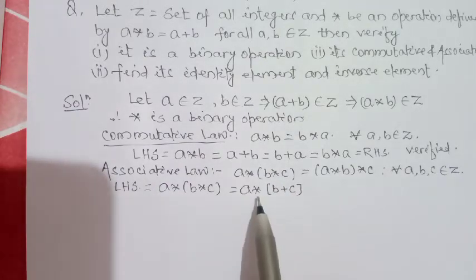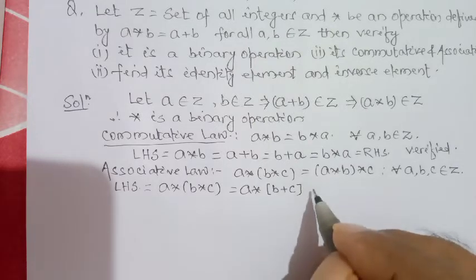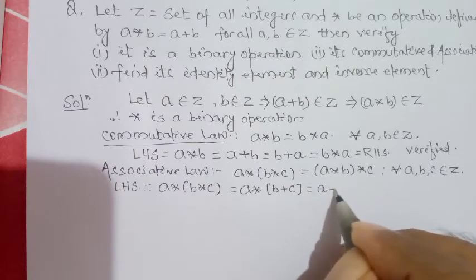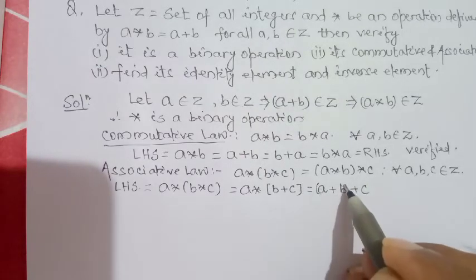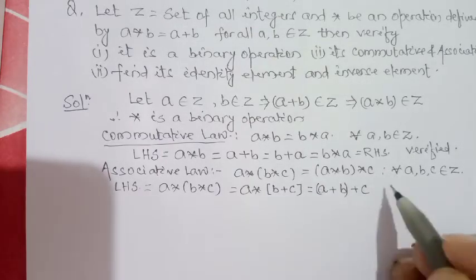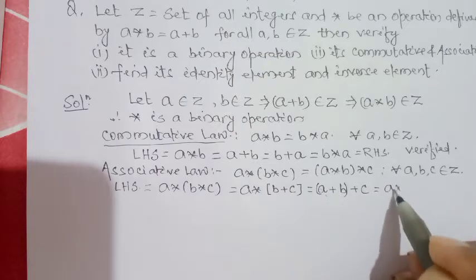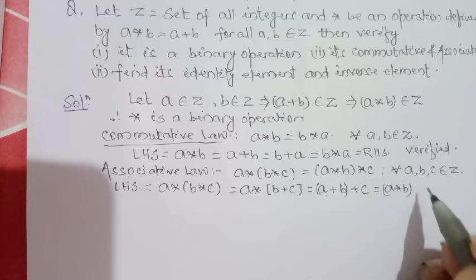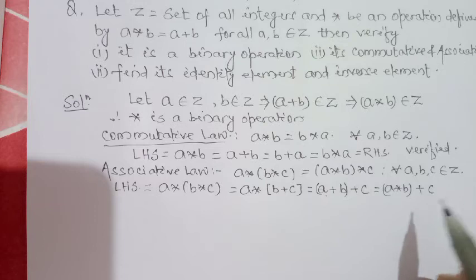Again use this symbol of star. a star b is given a plus b. Here instead of b we have b plus c. So its value should be written as a plus (b plus c). Now take a plus b as a single term. Then this term should be written as a star b, and a plus b means a star b.